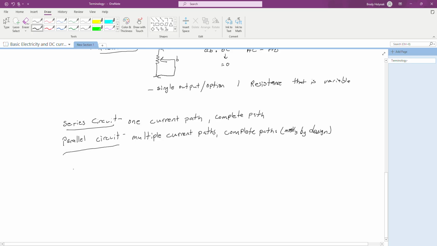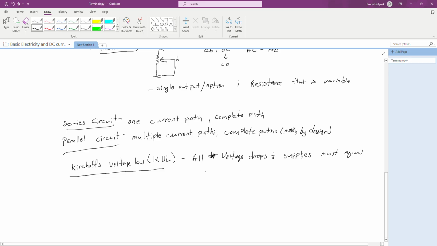All right, the next term that we're going to use, and it's one of our fundamental laws, is Kirchhoff's voltage law. We call this one our KVL. So Kirchhoff's voltage law says all drops, so all voltage drops, and supplies, basically inputs, must equal a net of 0.